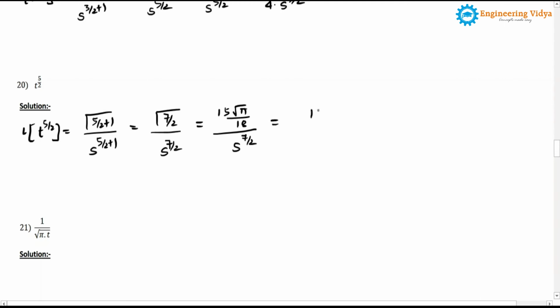Now 8 will go down. 15 square root of pi divided by 8 into s raised to 7 by 2, right? So here we have calculated problem number 20 also.